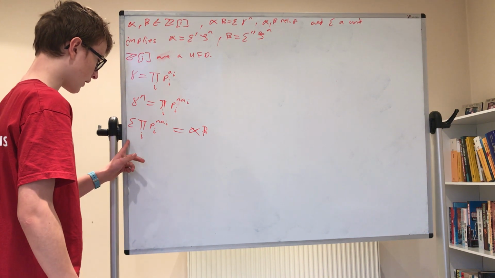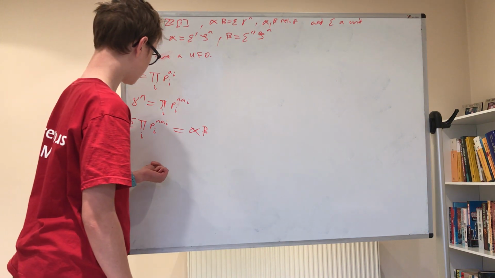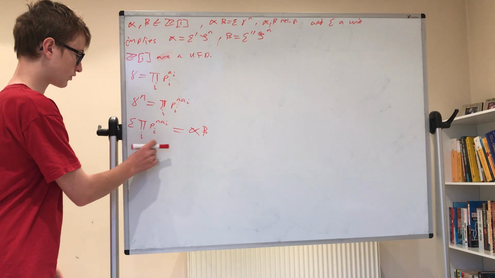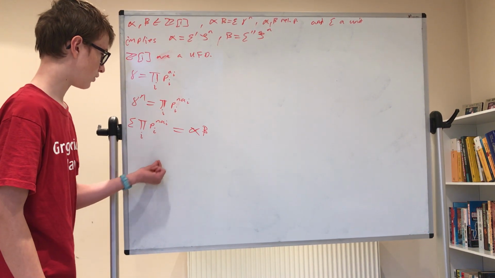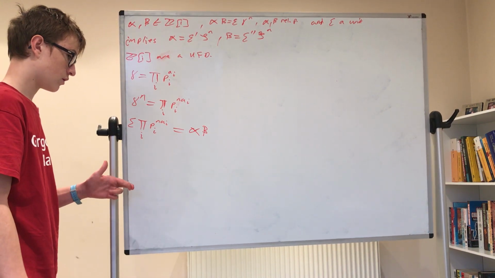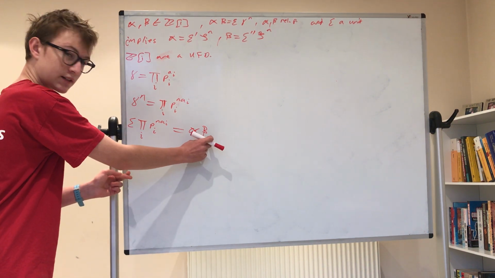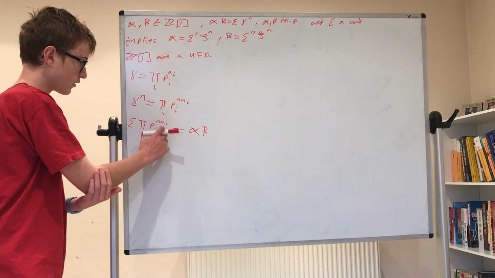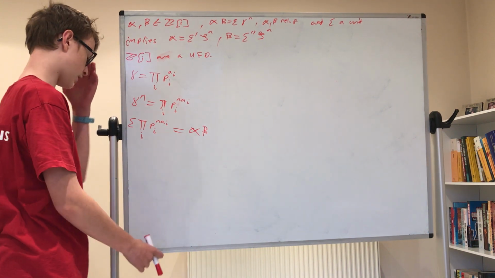Alright, and so now we can use this, and then we can just switch the primes around a little bit. And of course these are relatively prime, so none of the primes in this product right here are going to be the same, because that would be a greatest common divisor that is not a unit.